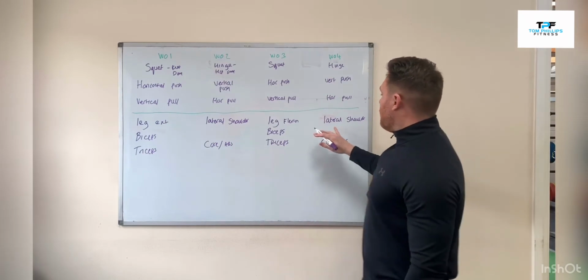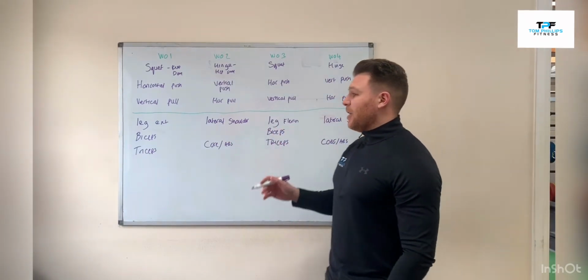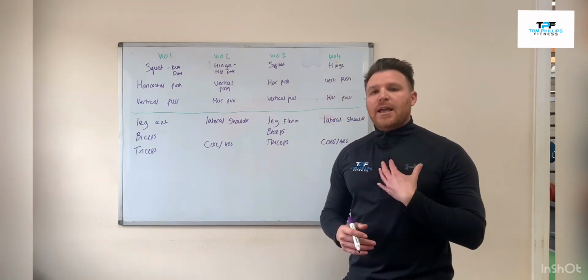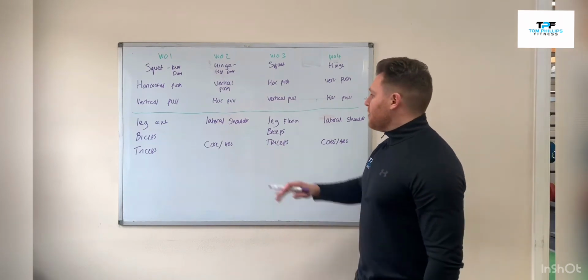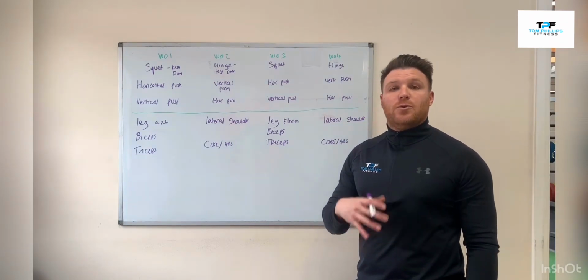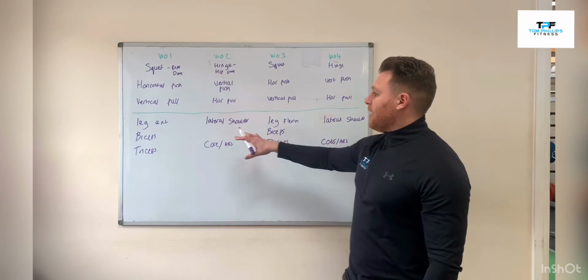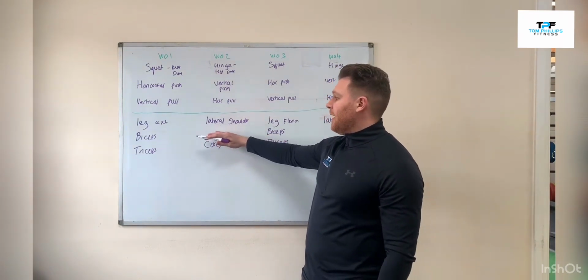Now, the only muscle group so far that we've not worked is actually our calves. Whilst that is another muscle group, personally I don't think it's much use to put it in for a general population's program. So I would use these slots now to focus on things that are more specific to the clients. If somebody has got a knee issue, we could potentially put in another knee flexion or knee extension movement in here.